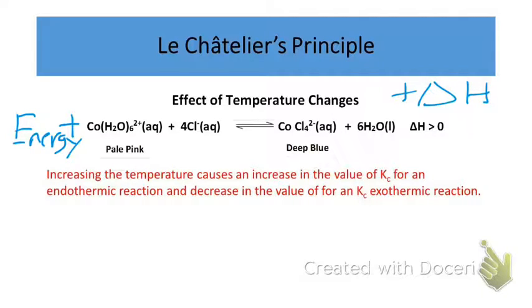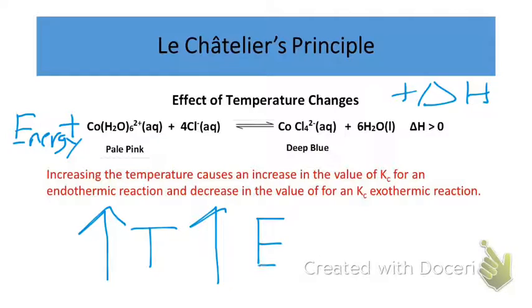And so, by doing that, it's going to have the same effect when we change temperature. All right? So, if I increase the temperature, for instance, that also means the amount of energy goes up. Well, if energy is on my reactant side, and just as we understand with concentration, if I increase the amount of energy, then the system wants to get rid of the added energy, according to Le Chatelier.